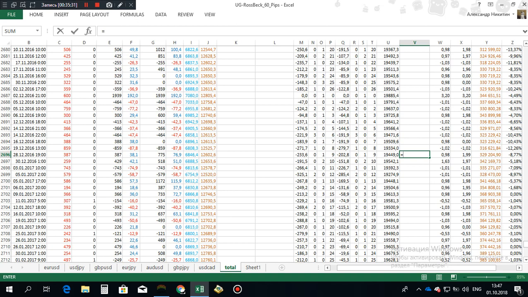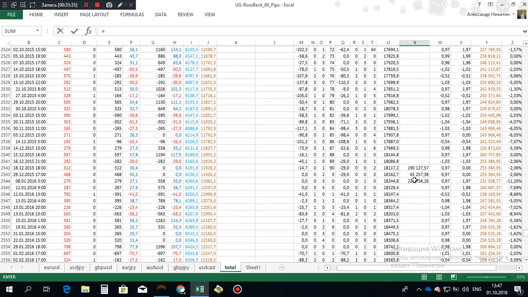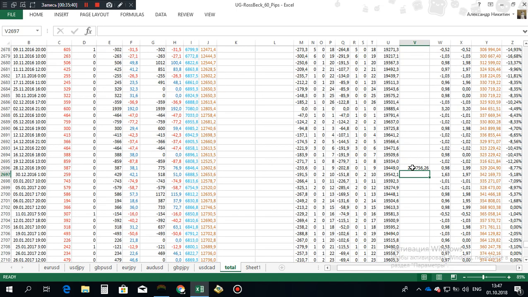Okay, in 2016 oil prices began rise and rise, so equals to this. Everything started to improve.